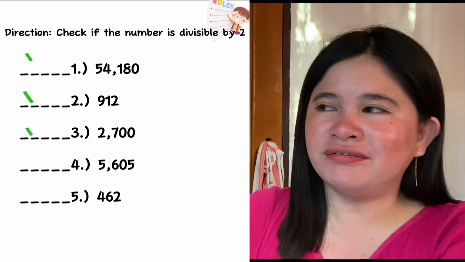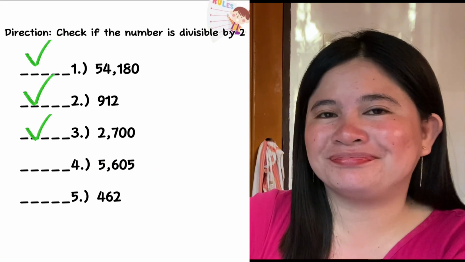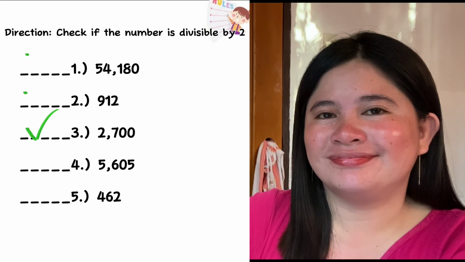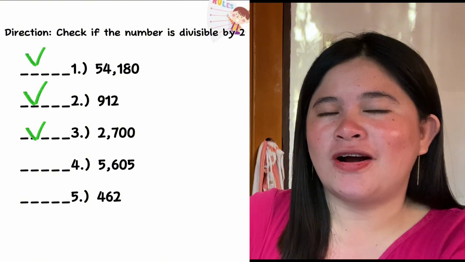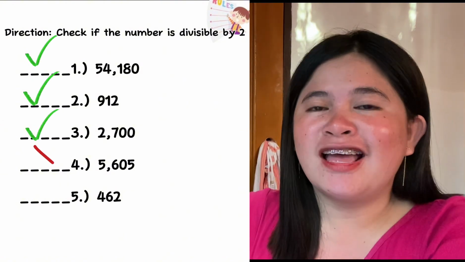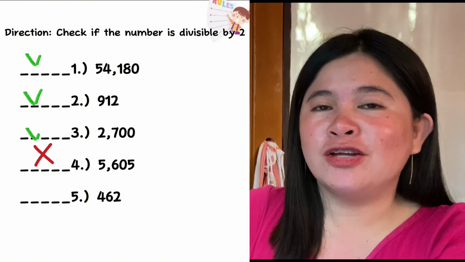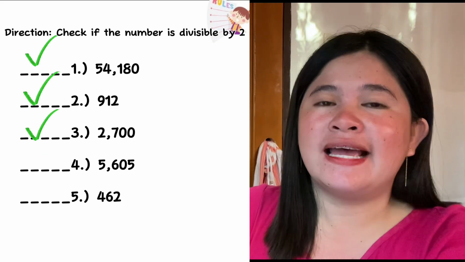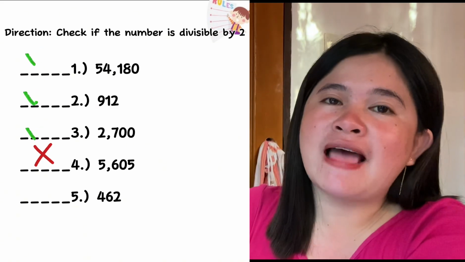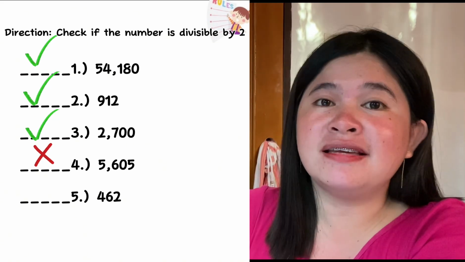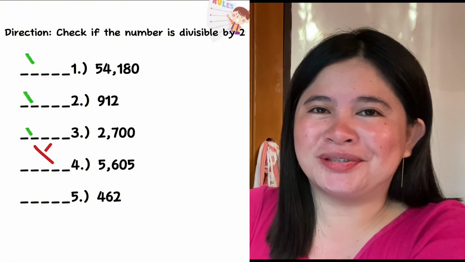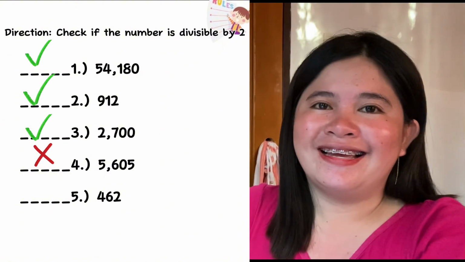Number 4, 5,605. Of course, that is not divisible by 2. Why? Because the digit in one's place is 5. And 5 is an odd number. Good job!